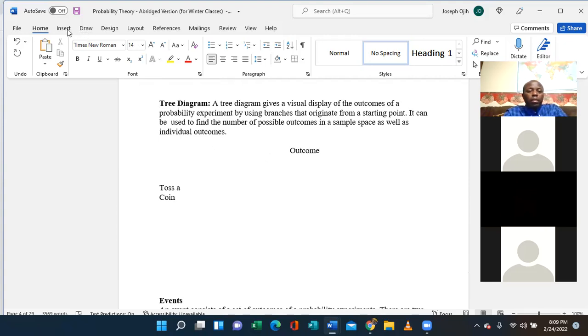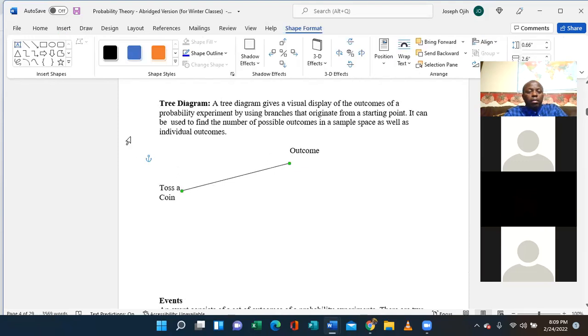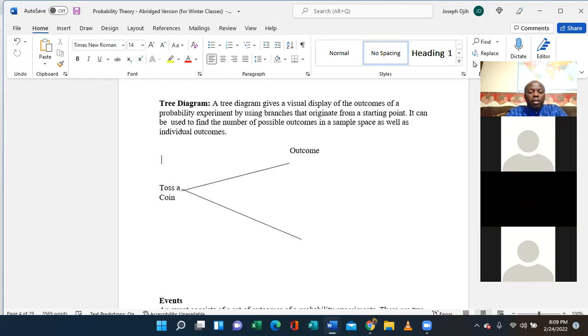So for the coin, the outcome can be a head or a tail. That means to have head here, H for head and T for tail. So you can use a tree diagram to show those outcomes.